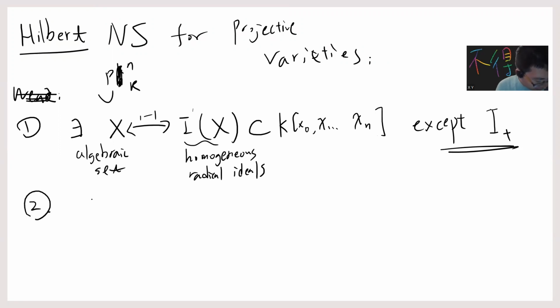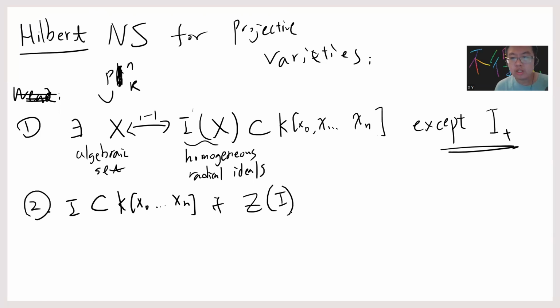The second version is that if I is a homogeneous ideal in k[x0, ..., xn], for the weak one, remember in the affine variety for the weak one, we ask what is the case that there are no roots. In an affine variety, if there are no roots, that means that ideal must be the whole ring.